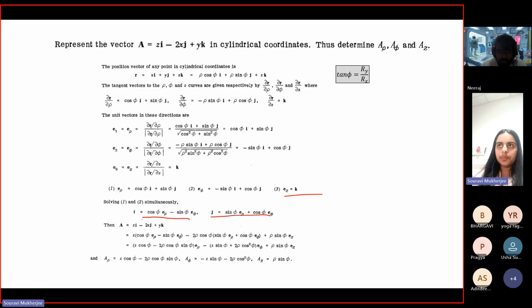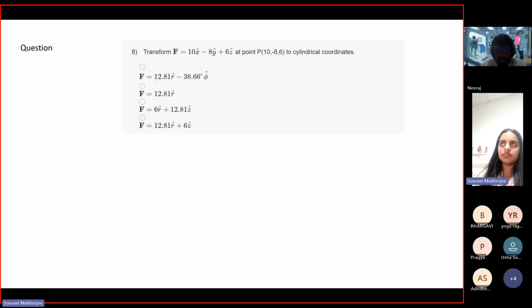So if you replace x cap by this relation, and y cap by this relation, and z cap remains the same, that's what you have to do here. And phi will come from these constants. You are absolutely correct.